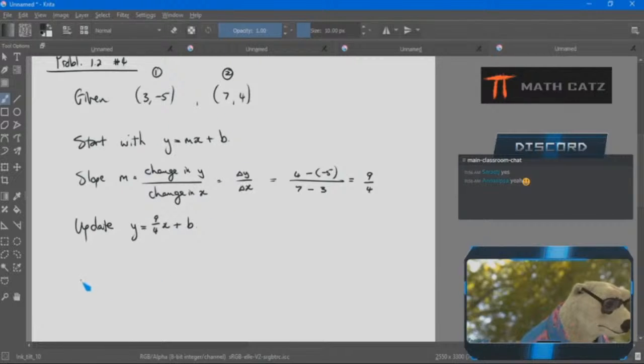Maybe the one without negative numbers. So you might choose the other one, but the result will be the same. Maybe I'll use 7, 4. Was it 7, 4? Fine. Plug it in, it has to satisfy the equation. 4 for y, 9 over 4 times 7, that's going to be fun, plus b.